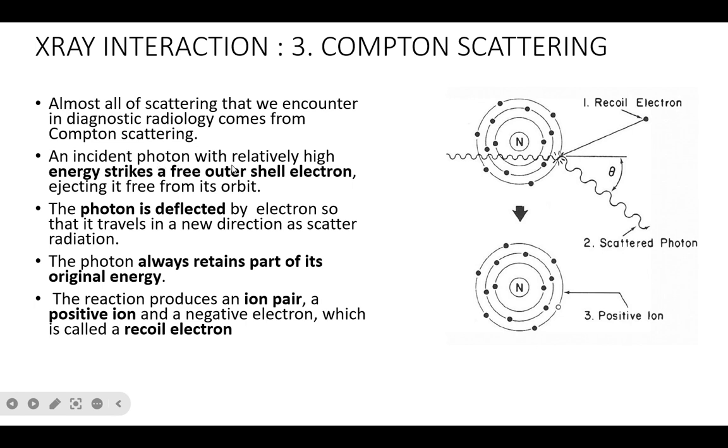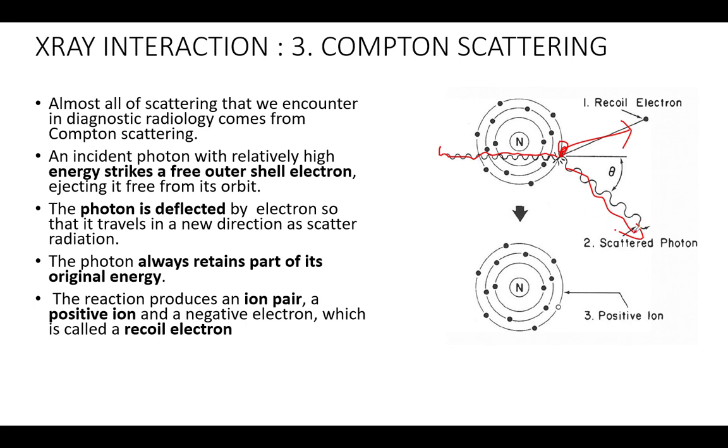An incident photon with relatively high energy strikes a free outer shell electron, ejecting it from its orbit. The photon is deflected by the electron so that it travels in a new direction as a scattered photon.